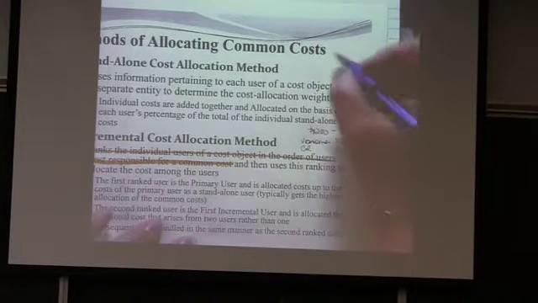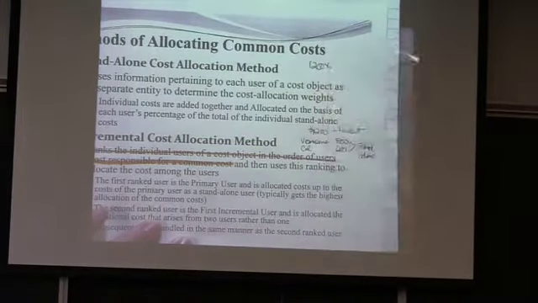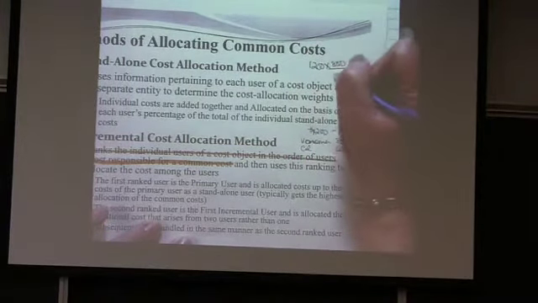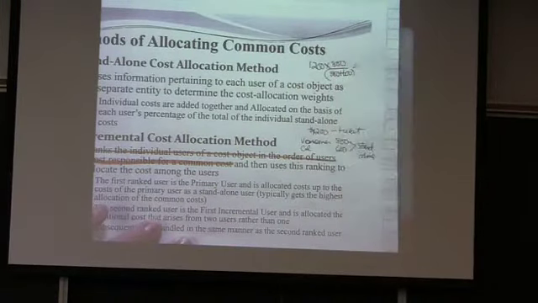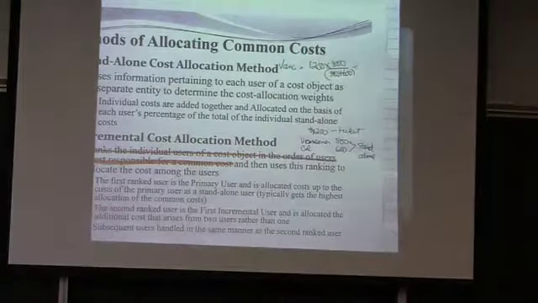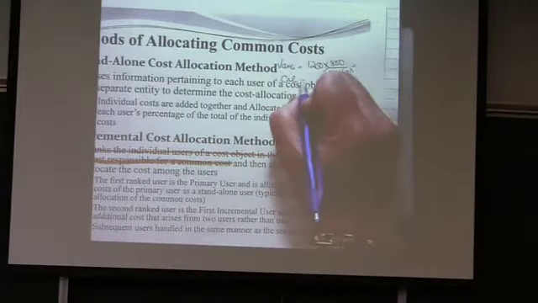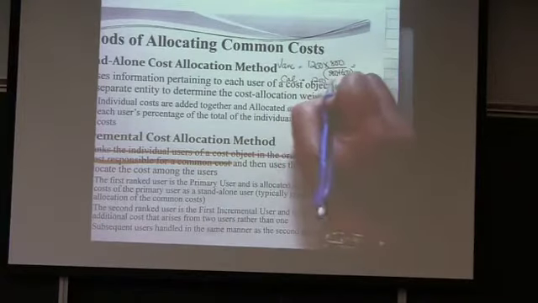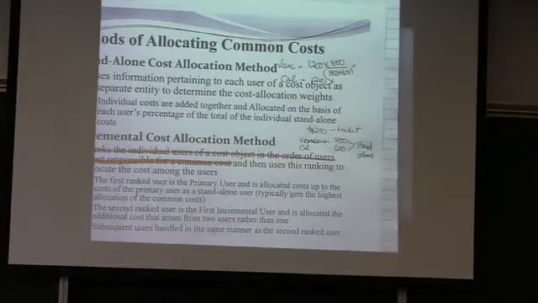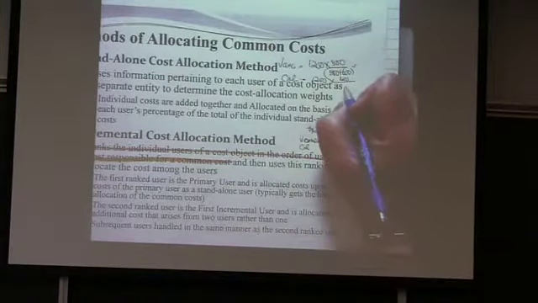So we're going to take 1,200 times 800 divided by 800 plus 600, and that's going to be the cost to the Vancouver division. And for Calgary, we're going to take that same common cost, $1,200, and allocate based on the relative standalone values.